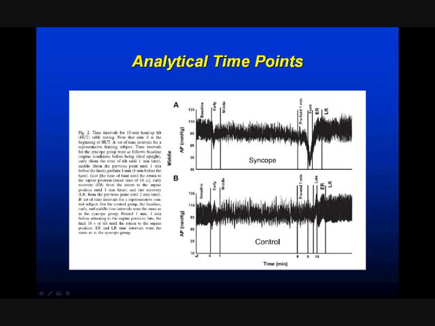And this is a recording of arterial blood pressure in an individual at baseline, early on after the tilt table goes up, and you can see that their blood pressure dribbles down, down, down, and boom, this is the time of faint.